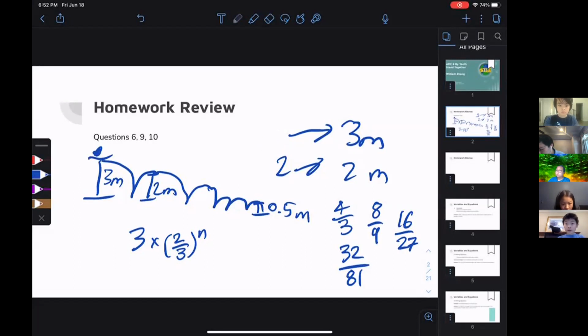This is the height it was dropped from, and this is the first bounce actually. So that would be a total of 1, 2, 3, 5 bounces. And yeah, just be careful that this is not bounce number one. This is like the zeroth bounce, or the height which it was dropped from. I'm not really sure exactly what mistake people made, but that is one potential place where you can make the error.